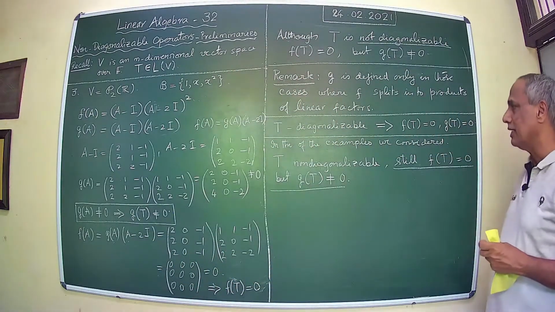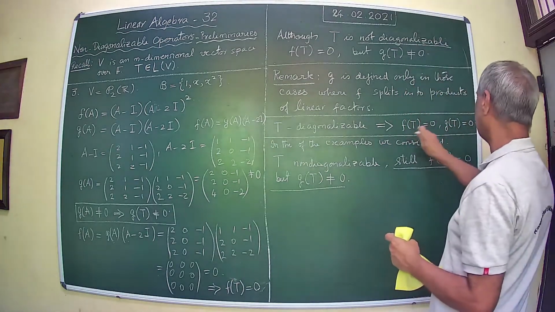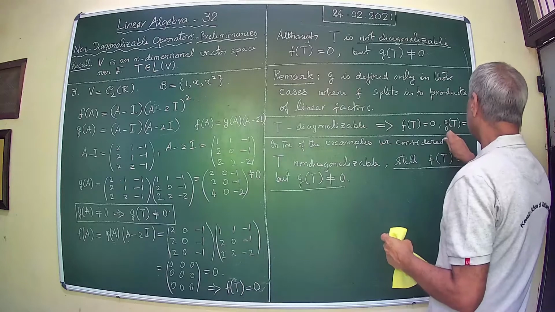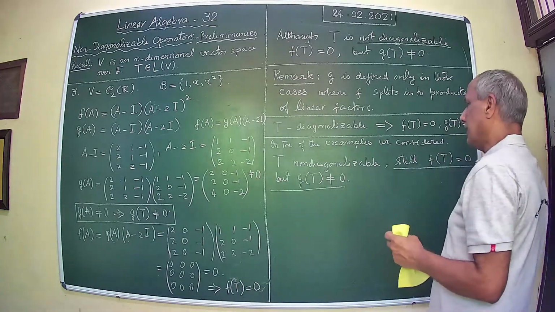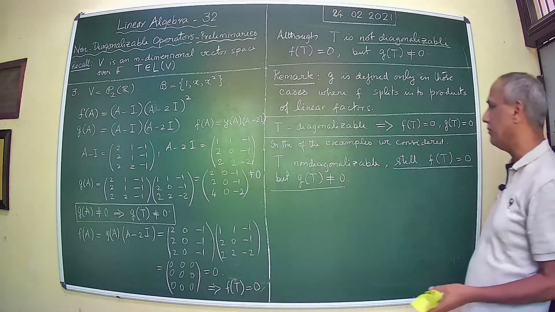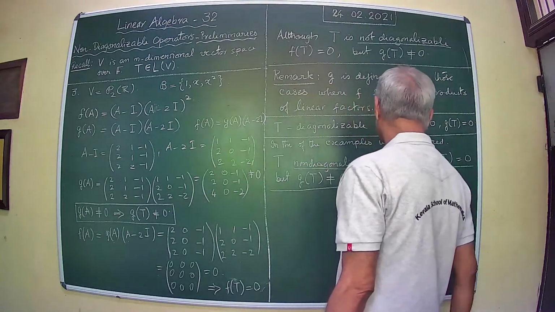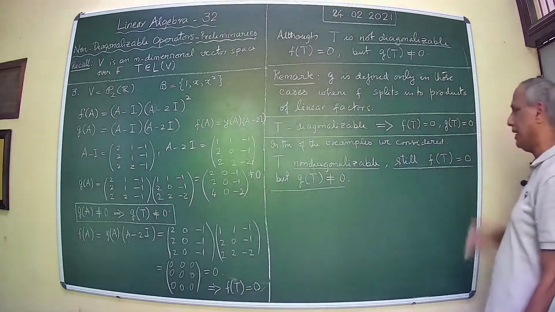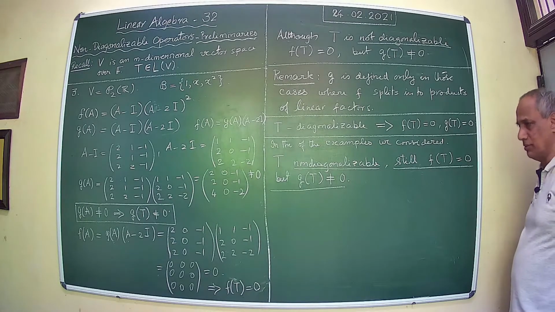Then we observe that whenever T is diagonalizable, all these things happen: f of t equal to 0, g of t equal to 0. But in the examples that we considered, wherever T was non-diagonalizable, still we had f of t equal to 0, but g of t not equal to 0.